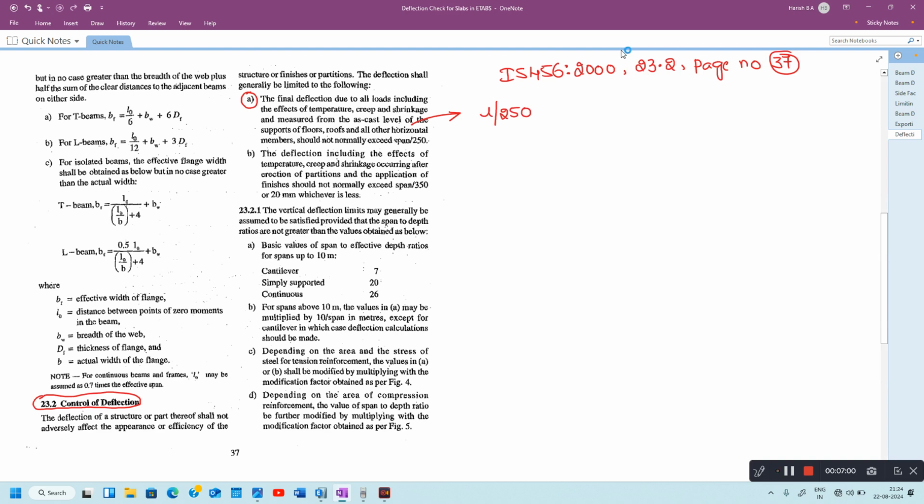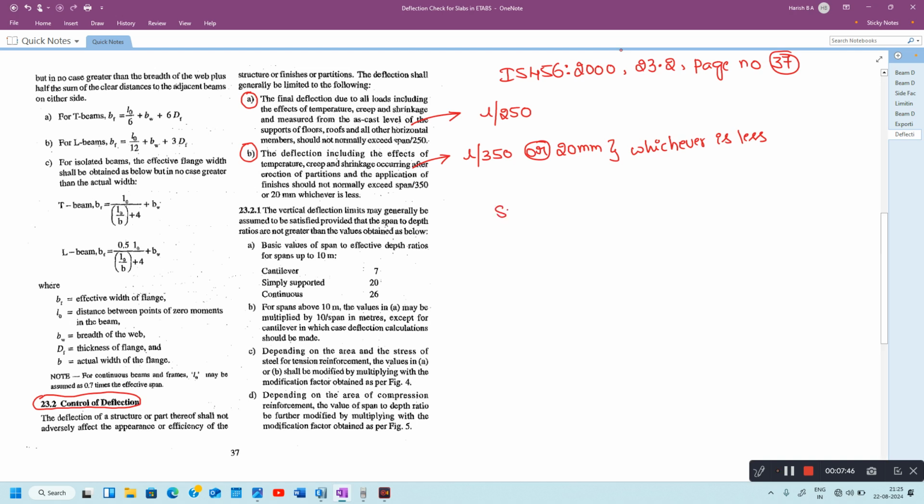Next, the second criterion will be used for deflection after erection of partitions and finishes. So it is span by 350 or 20 mm, whichever is less.